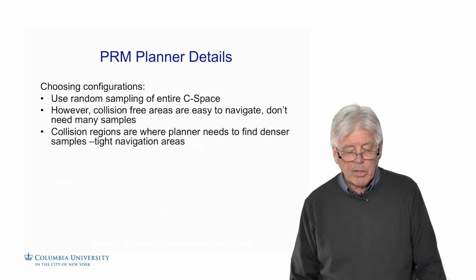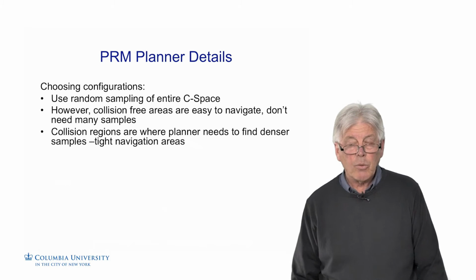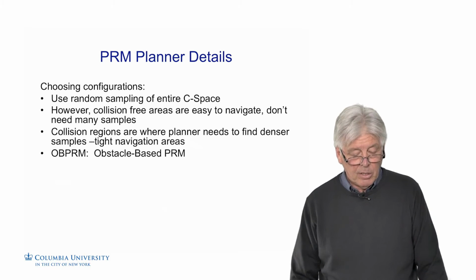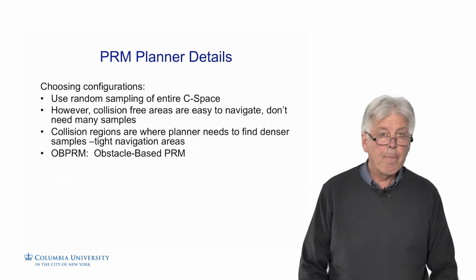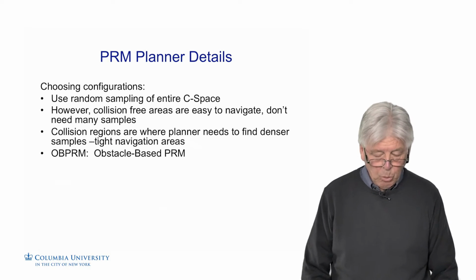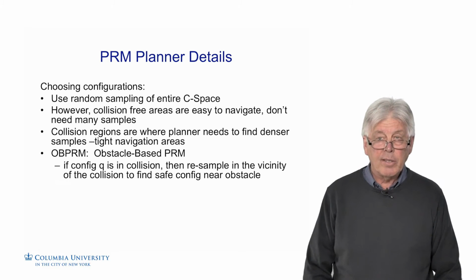However, collision regions are where the planner needs to find denser samples. These are tight navigation areas where very small changes in configuration can cause collision. So the idea is to use an obstacle-based PRM, OBPRM, which tries to find places where you want to sample denser.